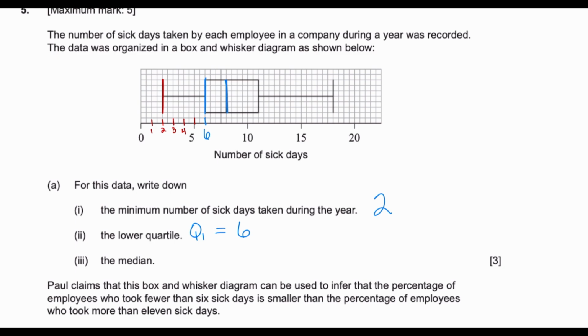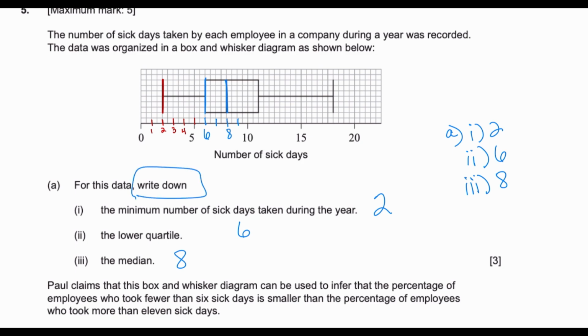So to find the median, we're going in intervals of 2: 7, 8, 9. So right here, the median is 8. That is a total of 3 points, 1 point per question. You don't even have to write Q1. On the exam paper, you would just have part A, part 1, 2, part 2, 6, part 3, 8. And again, it says write down. So that tells me that this was a pretty easy question.